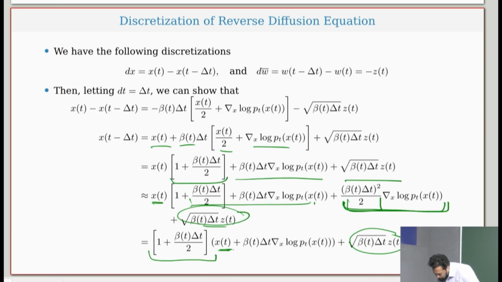There is an xt term there, and we have beta t delta t plus this term, right? So there is this one xt. Yeah, it seems to be okay. So if you combine this term, then this is this term.